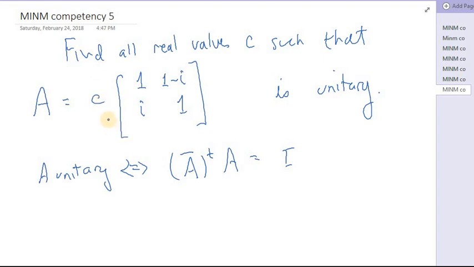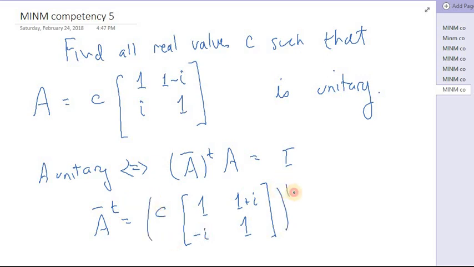Since C is real, C conjugate is C, so A conjugate is equal to C times, well, here's 1 here. Conjugate of 1 minus I is 1 plus I. Conjugate of I is minus I. Conjugate of 1 is 1. All right? So A conjugate transpose is just going to be the transpose of this.